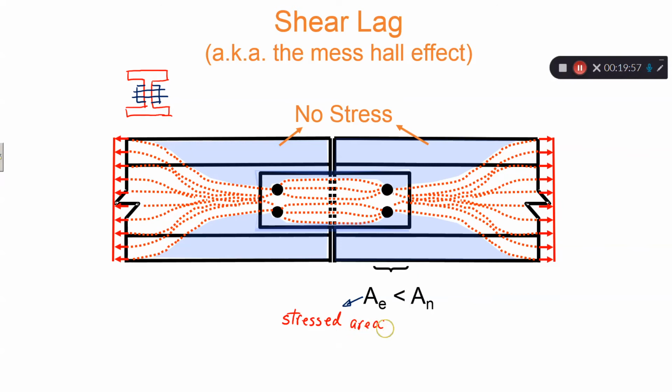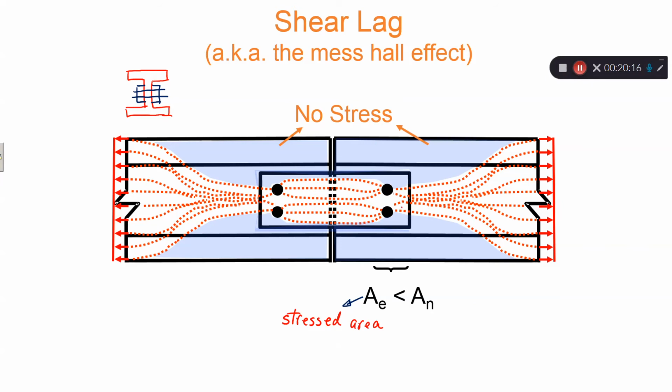That's why it's called the effective area. In that scenario, the effective area is even less than the net area.